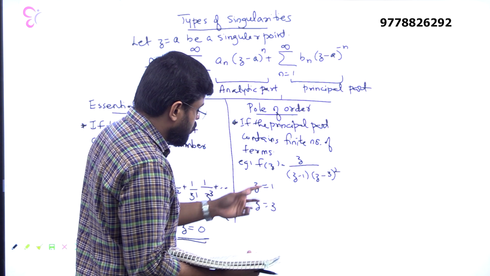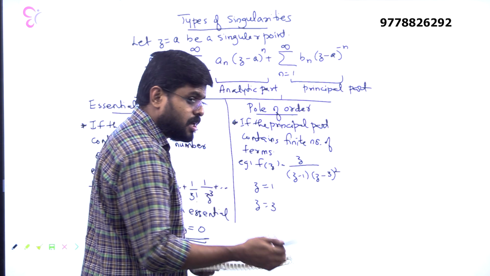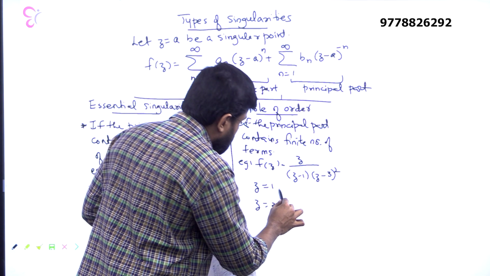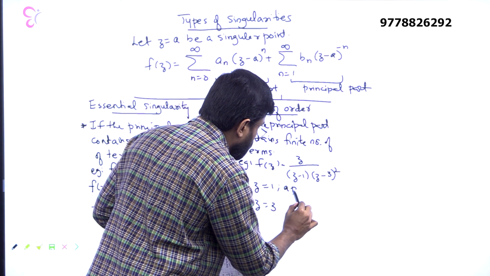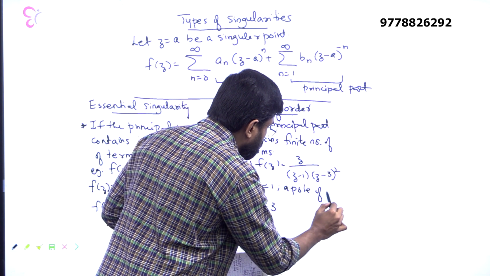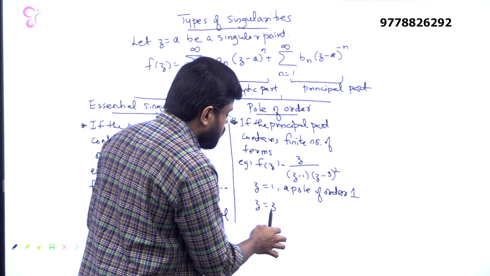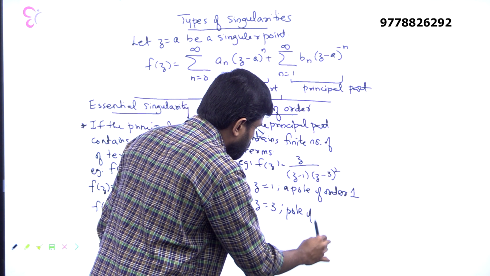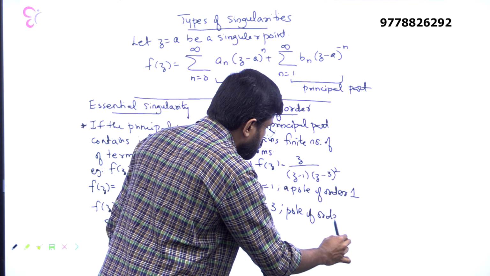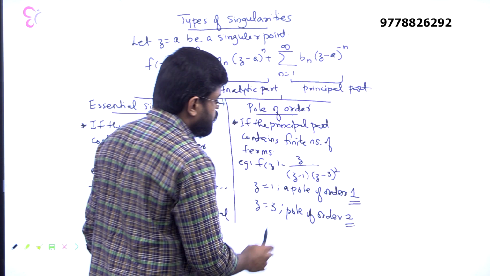But the order of this pole and the order of this pole is different. z is equal to 1 is a pole of order 1, and z is equal to 3 is a pole of order 2.